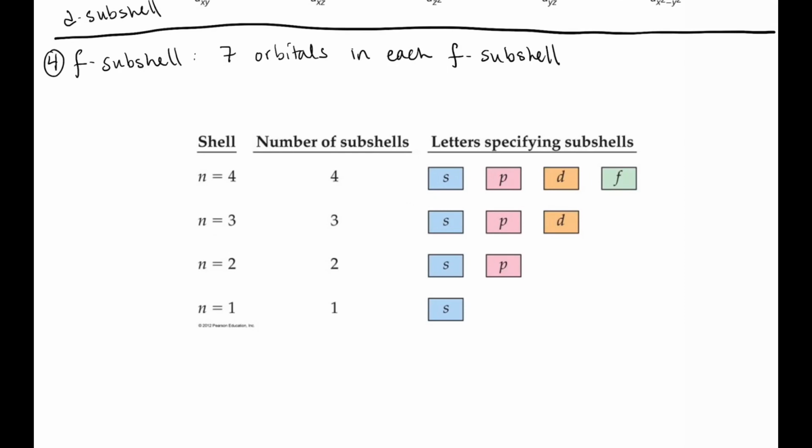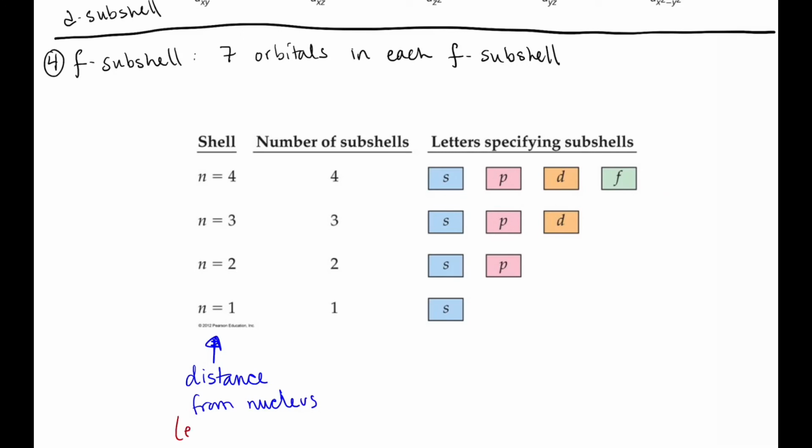This last figure kind of puts it all together for us. It gives us the shells, which tells us distance from the nucleus, and what it tells us is which subshells are available at different energy levels.